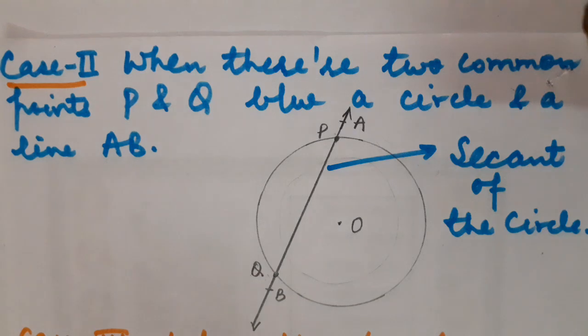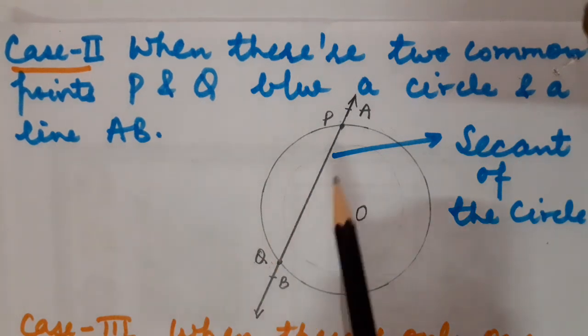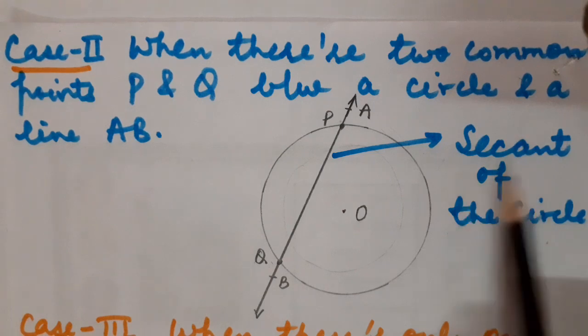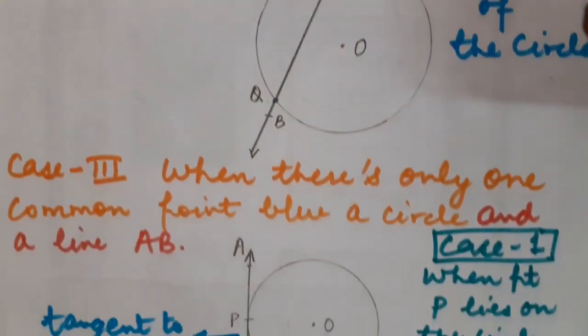Understood, children? So if somebody asks you, what do you mean by secant of the circle? Then what will you say? A line which intersect the circle at 2 points is known as secant of the circle. Fine, children? Now let us switch to case number 3.